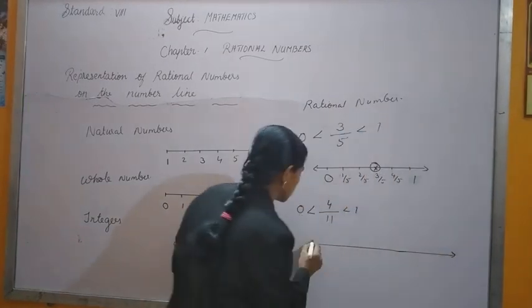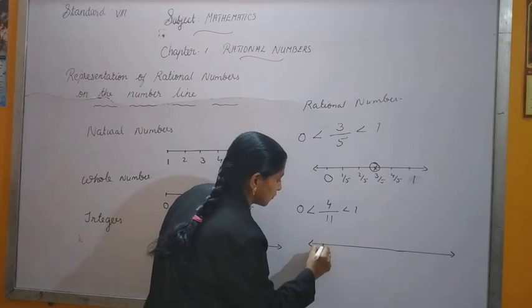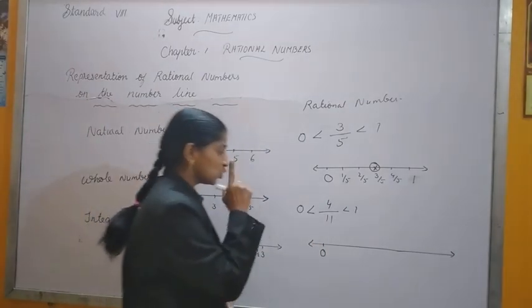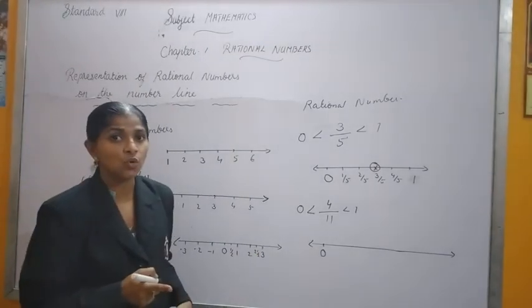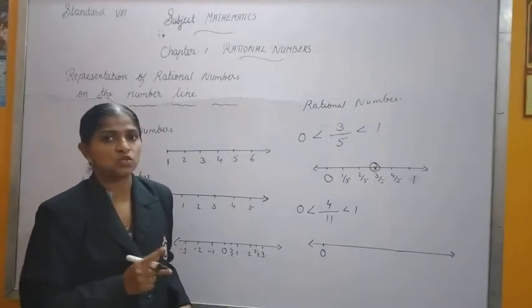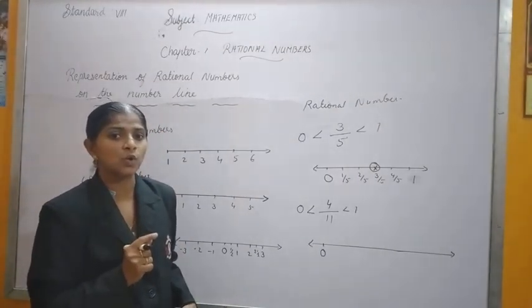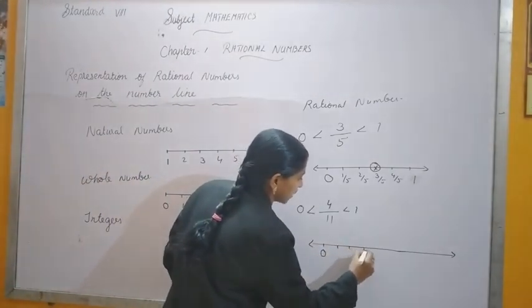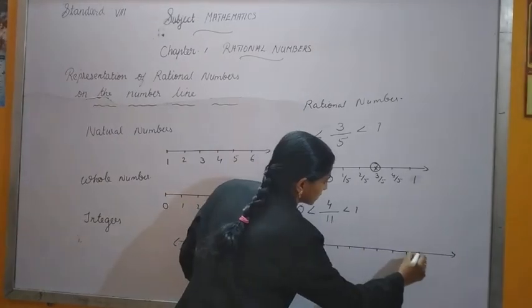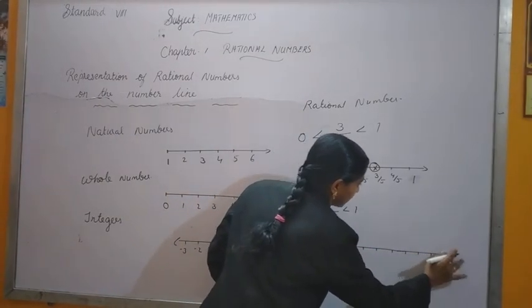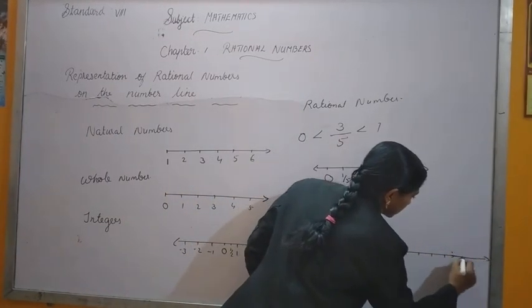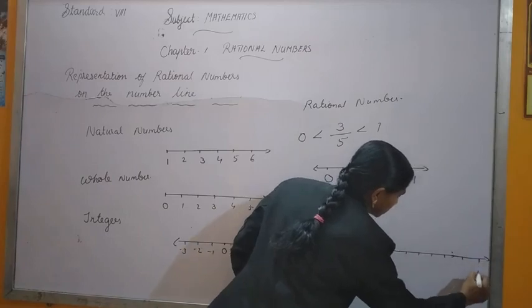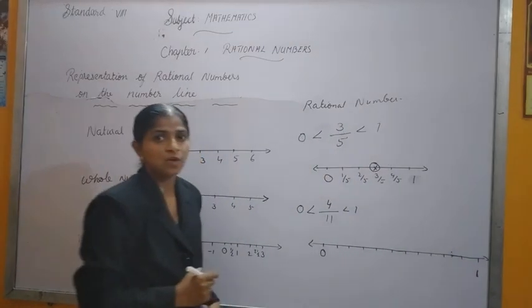Draw a line like this, and on the left side you can take any point and mark 0, and divide the unit length into 11 equal parts. So we get 1, 2, 3, 4, 5, 6, 7, 8, 9, 10, 11. 11 equal parts, and this point we can name 1.